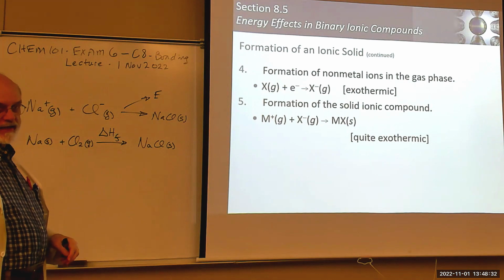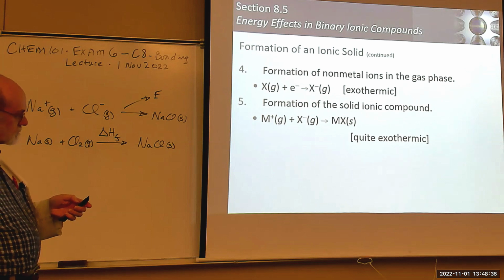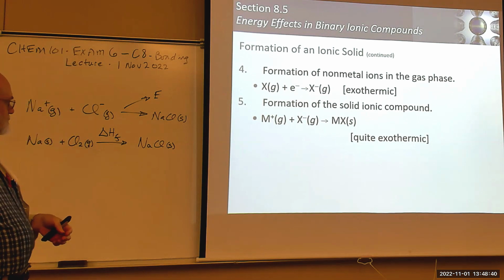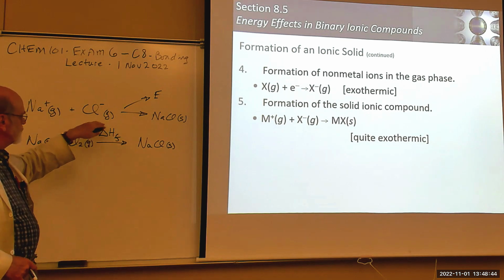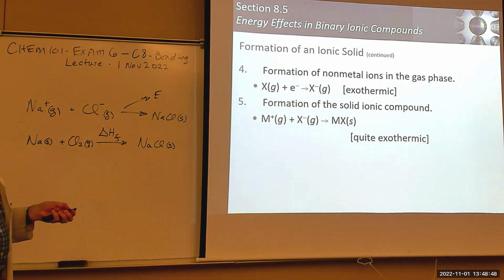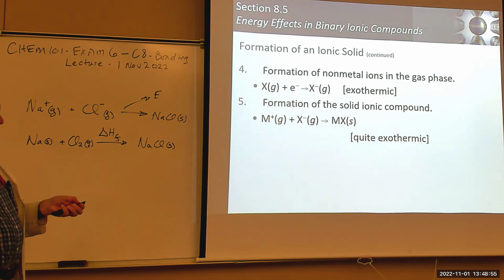Very, very high energy release. If we add all of those terms up, as long as they're balanced, we get the energy of formation here. But the last step is the lattice energy.